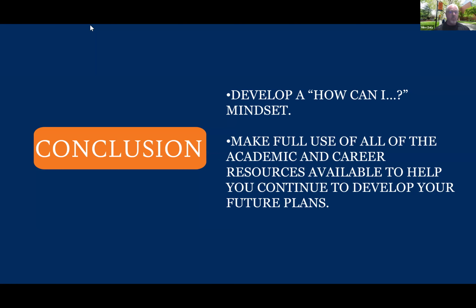There are almost always ways, if your GPA is not perfect, that you can improve it between where you're at now and where you want to be. So always try to find a mindset where you can develop a "how can I" rather than an "I can't" mindset. An "I can't" mindset is a stopping point. You're basically creating a barrier for yourself that doesn't necessarily need to be there. But if you create a "how can I" mindset, you're opening up to any kind of possibility.